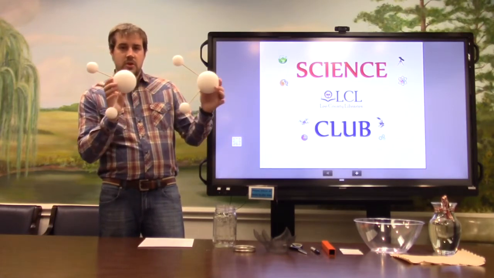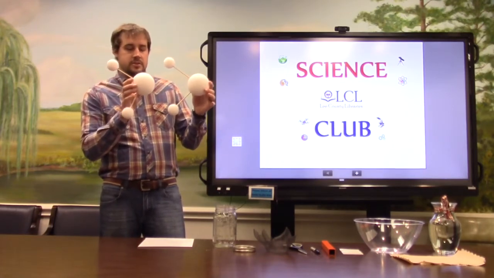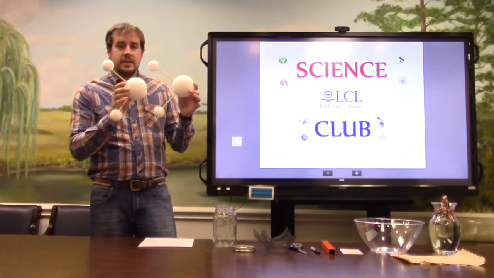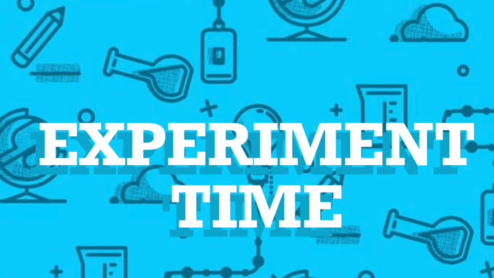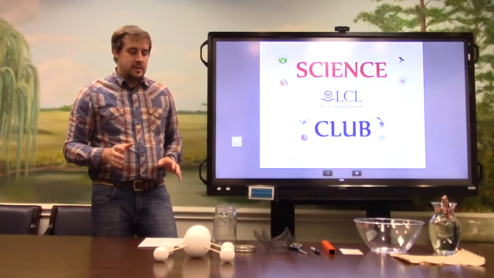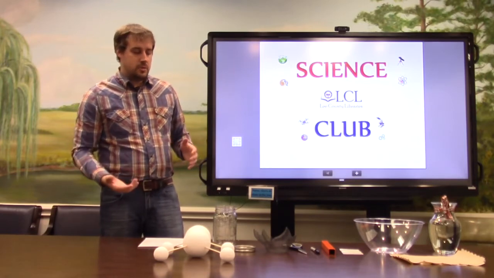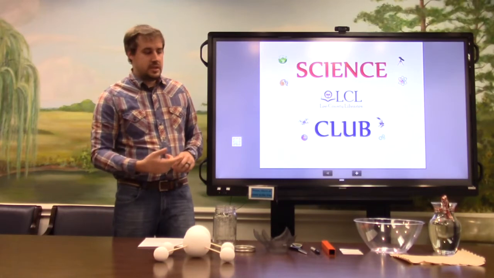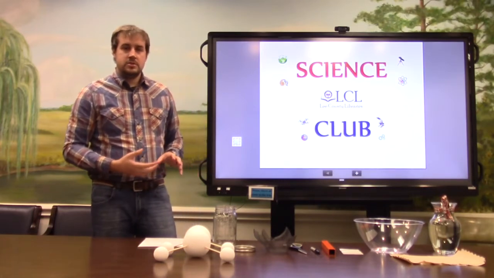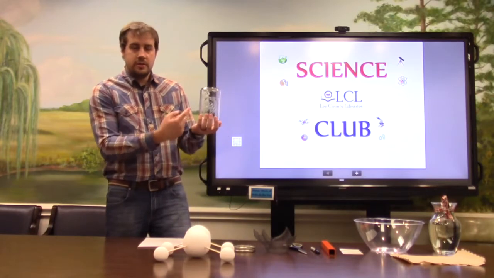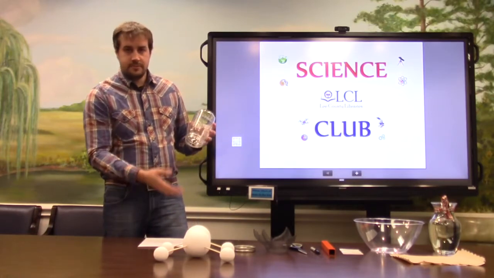These molecules don't want to pull away from each other. There's actually a pretty strong force keeping them together, and that gives us surface tension. So today we're going to be using the air pressure in the room pushing against the objects and the surface tension of the water to hold water up in our jar without it falling down.